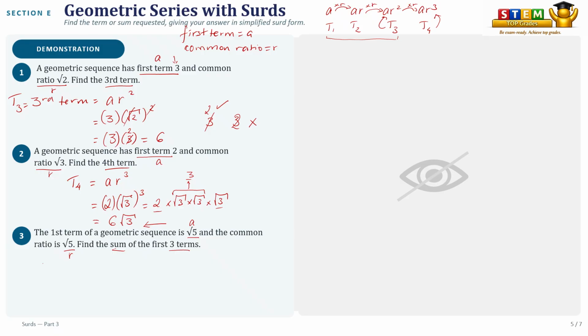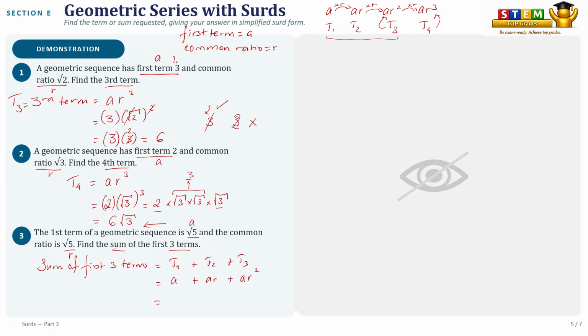So the sum of the first 3 terms is T1 plus T2 plus T3. If you want to, you can write A plus AR plus AR squared.